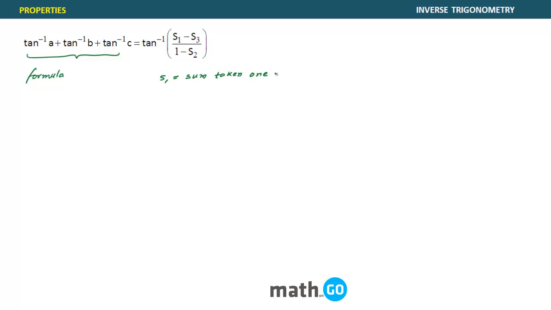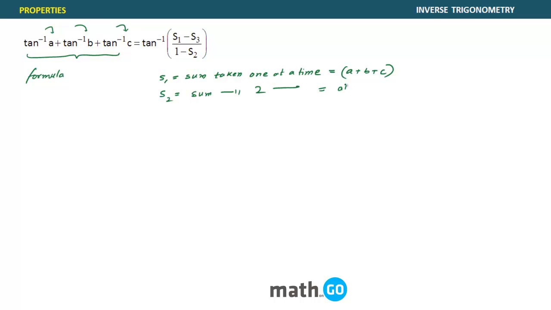So what do you mean by this? Something of this has been done in permutation and combination, if you remember. The sum of the things taken one at a time, that is A plus B plus C. Then S2 is nothing but the sum taken 2 at a time.